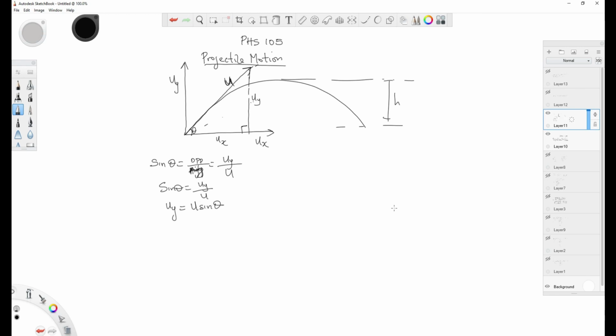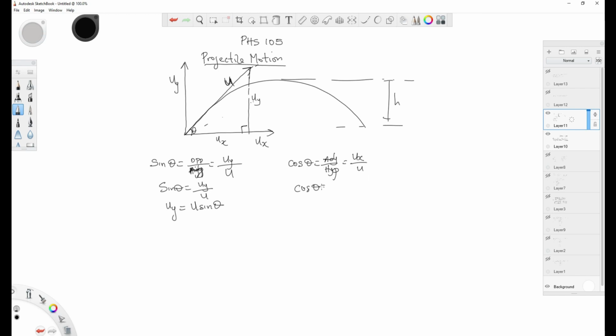So if this object that is going in a projectile motion goes with a velocity of u, and you want to know the velocity with which it goes upward, then you use uy equals u sine theta. And if you want to know the velocity with which it goes forward, then that should be cos. Let's try cos. Cosine is adjacent over hypotenuse, and adjacent here is ux, hypotenuse is u.